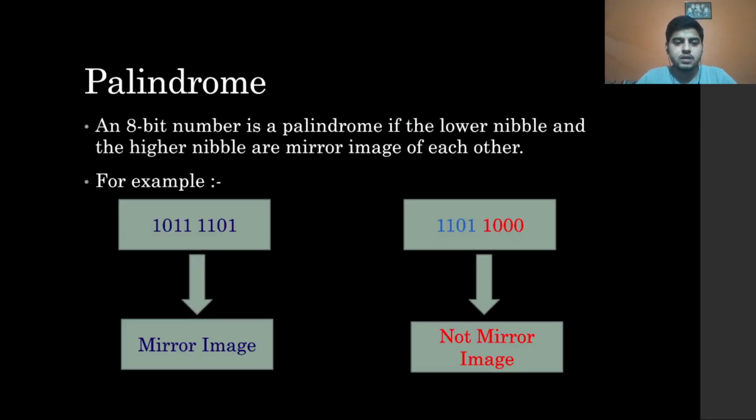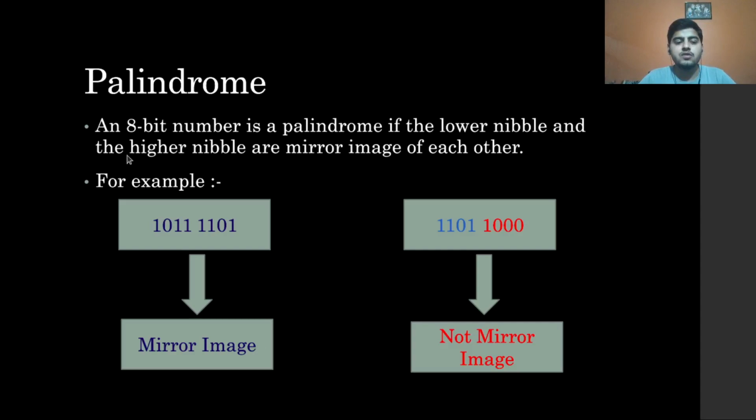Now let's see what a palindrome is. We know that when we have a number or a string, and if we see it from left to right or from right to left, and it is the same both ways, then we call it a palindrome. That means that particular string or number is a palindrome.